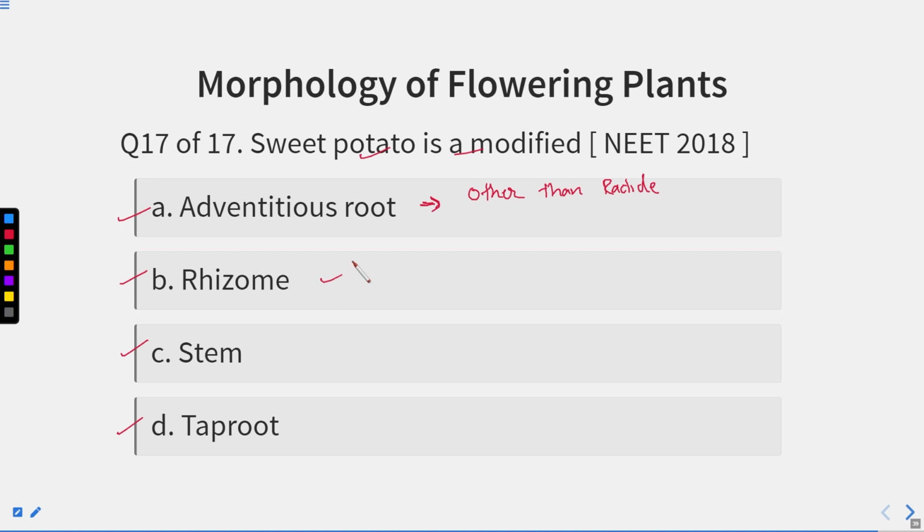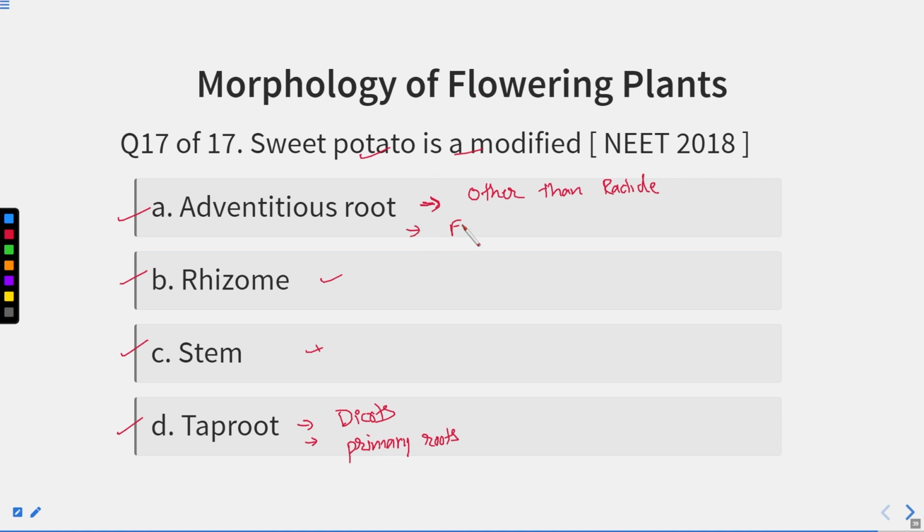Rhizome we already know. It is a modified stem. Sweet potato is not a modified stem. Taproot. What are taproots? Taproots are generally seen in dicots. The primary root is generally known as the taproot. Now in sweet potato, what happens?